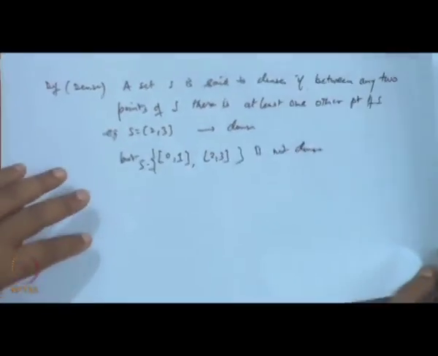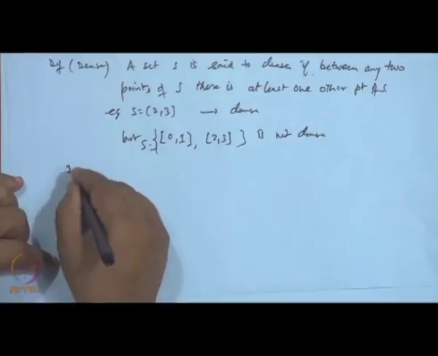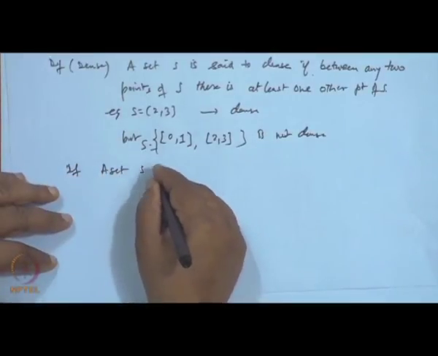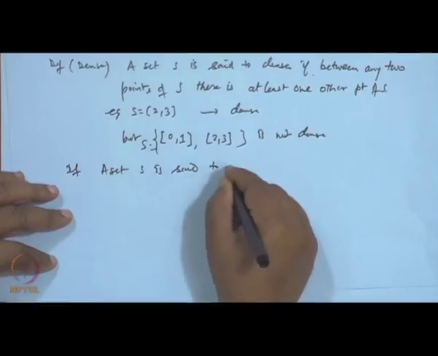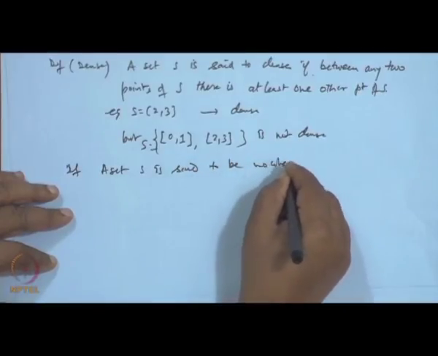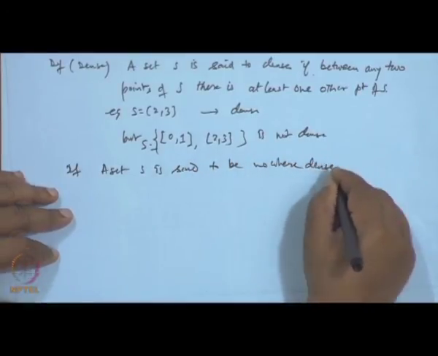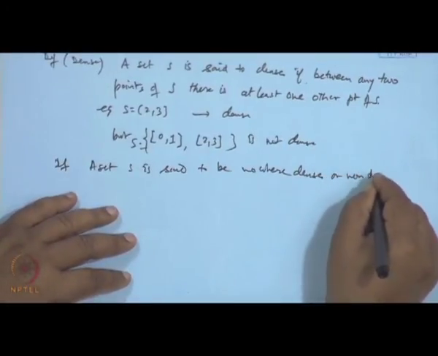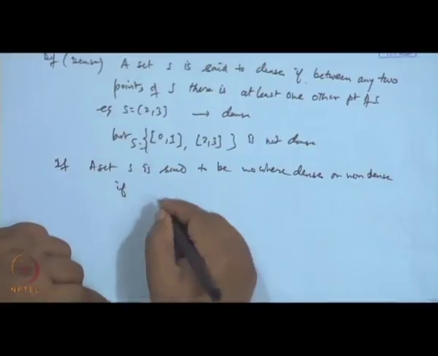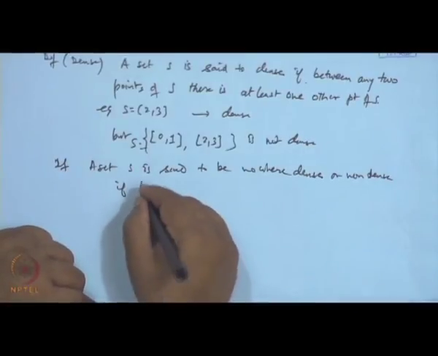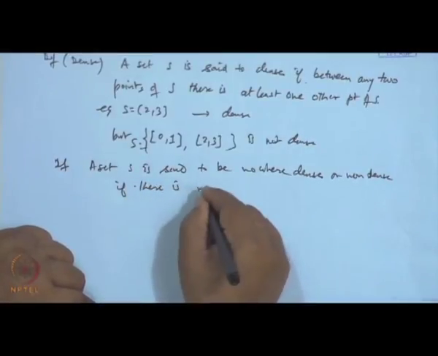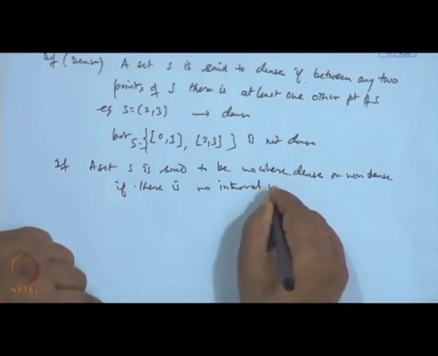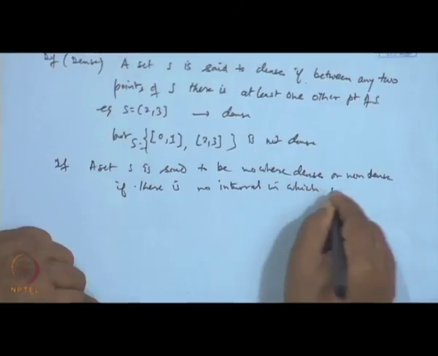Okay. A set S is said to be nowhere dense or non dense if there is no interval in which S is dense.